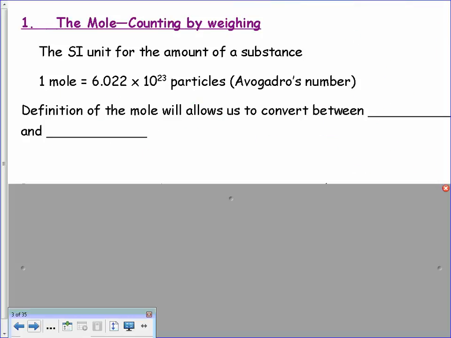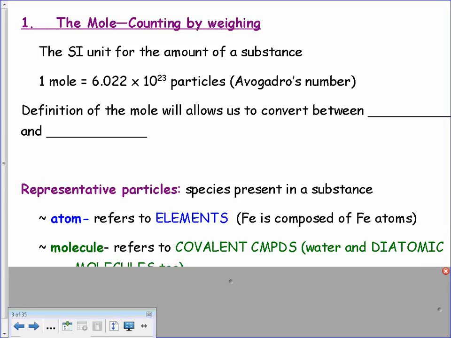Okay, so this is on your paper, I believe. Close to it anyway. We just went over some of this, so I'll tell you what new stuff to write down, but there won't be a whole lot here. When we talk about chemistry, we talk about science, we all record things in the SI system. That's what we're learning about the mole today, because it's a part of the SI system, the International System of Measurement.